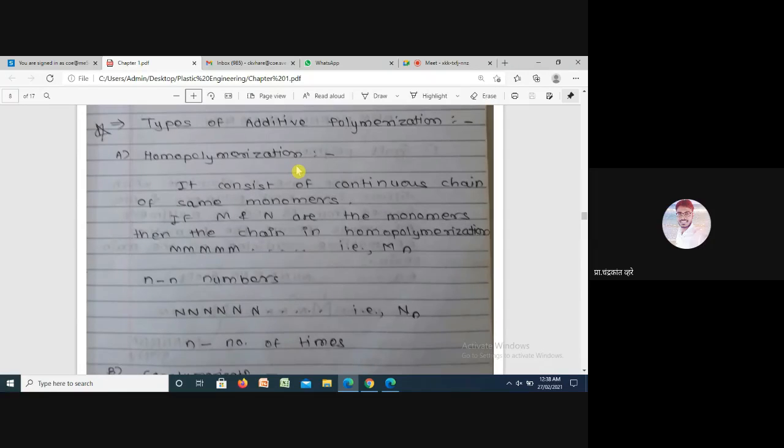It is a continuous chain of the same monomer. If you see here, suppose we have N type of monomer and another is M type of monomer. Then just a connection of N or M in a continuous form, this is homopolymerization.